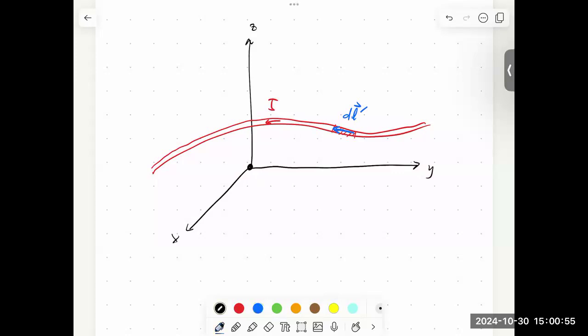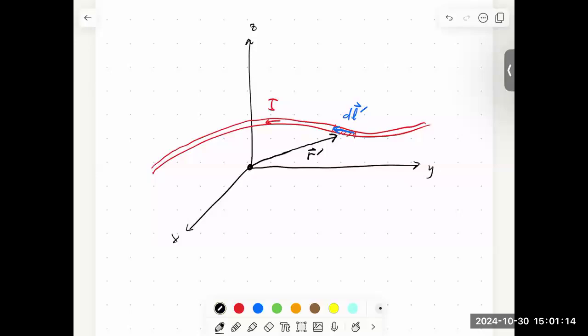So just like we did for electrostatics, we're going to use R prime to indicate the position of our source. In this case, the source of our magnetic field will be this little section of our current carrying wire.